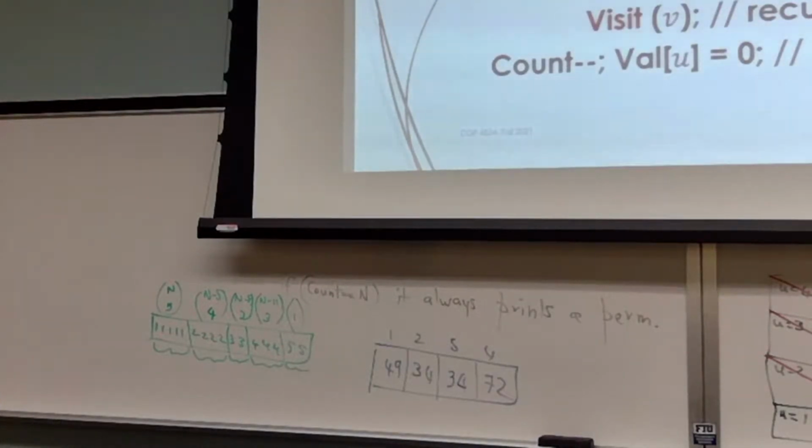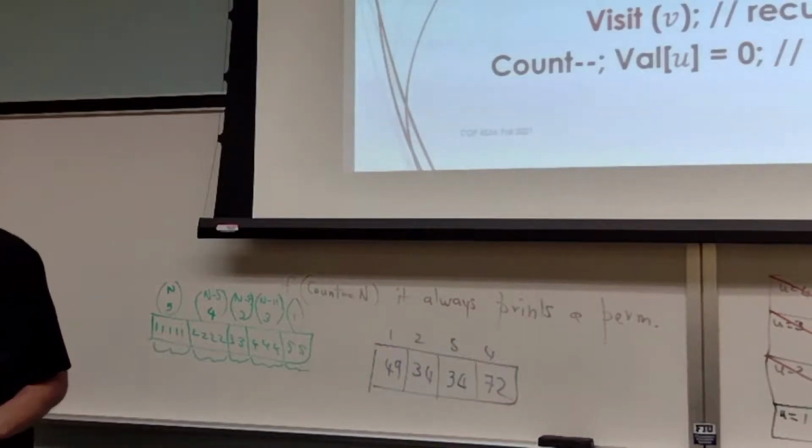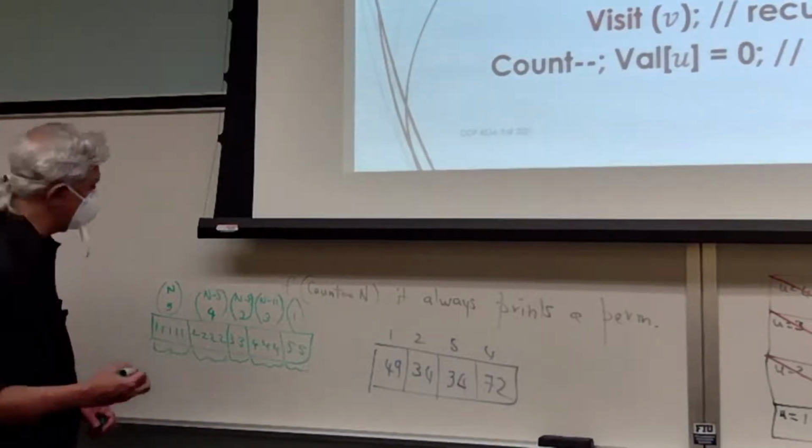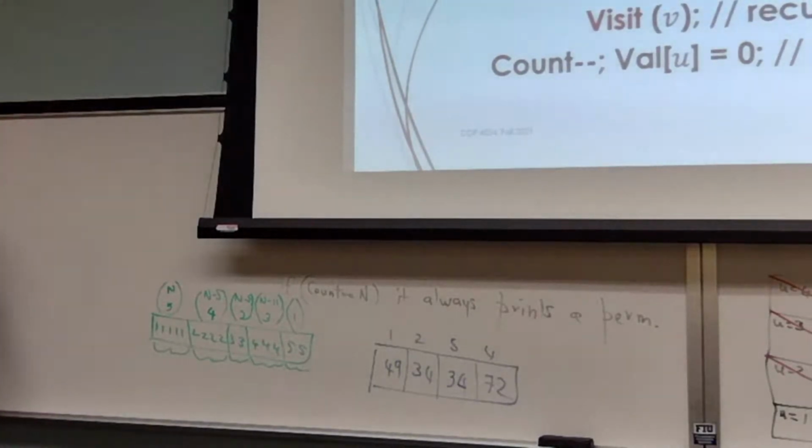I don't know if that makes sense to you. So let me draw another picture. This is the array I want to generate permutations of. I have n positions here.